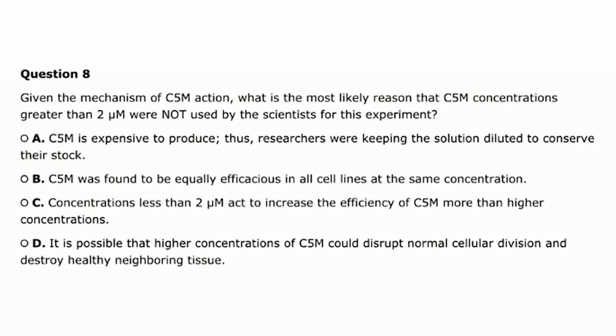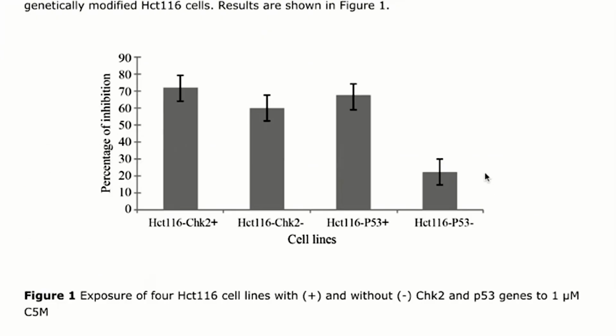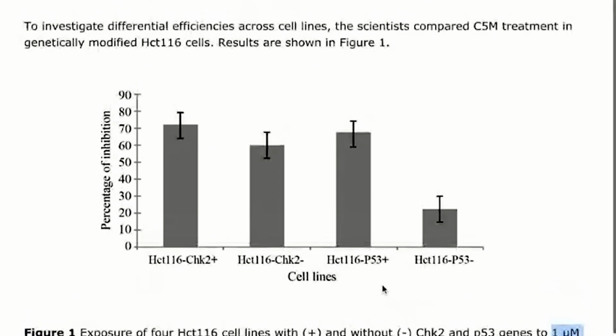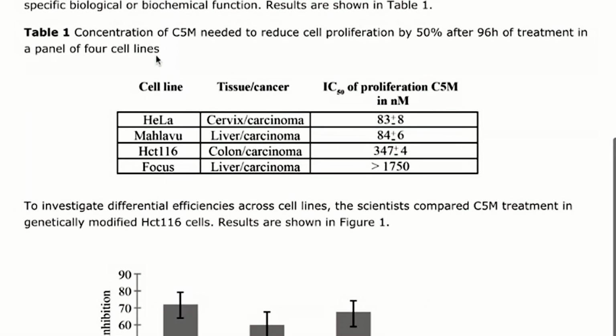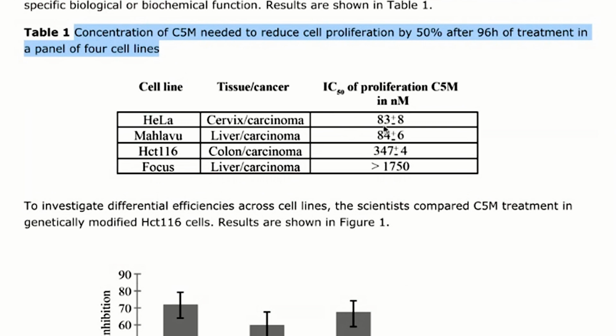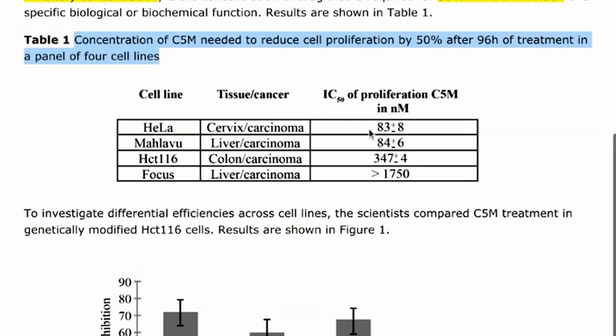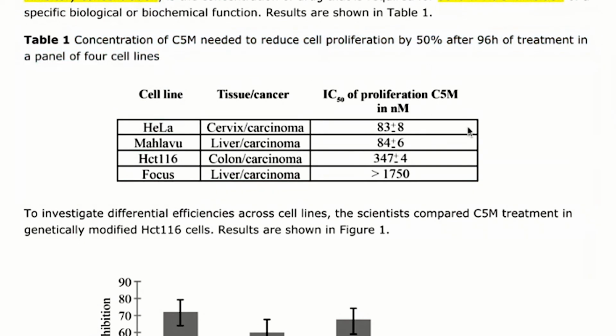That is a wonderful question, right? And we go back down to figure 1. They used 1 micromole of the C5M for this one exposure that we have. I don't think they gave us a concentration other places, other than the titration to get to the 50% inhibition.